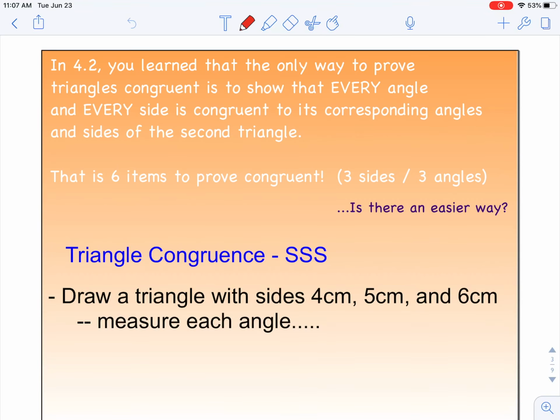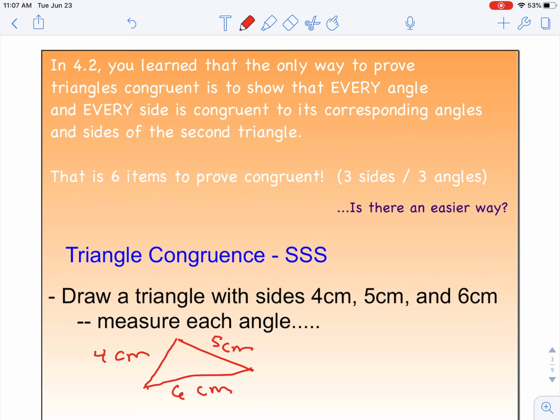We could explore having everyone draw a triangle with sides that are 4 centimeters, 5 centimeters, and 6 centimeters. Seems easy enough to do, but actually when you try to draw this, it is a little tough.